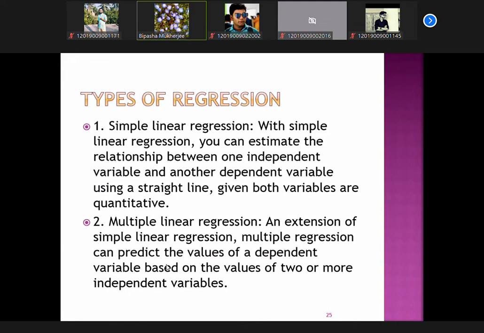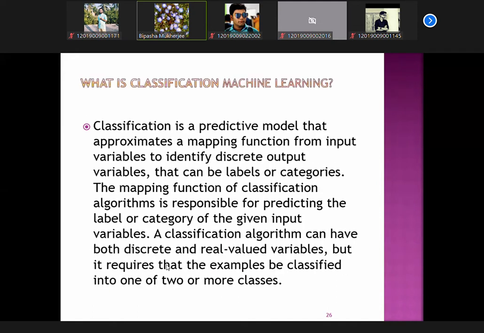Meaning y equals ax1 + bx2 + cx3. It's not giving you ax square or bx cube. No such things are happening. So that is multiple linear regression.